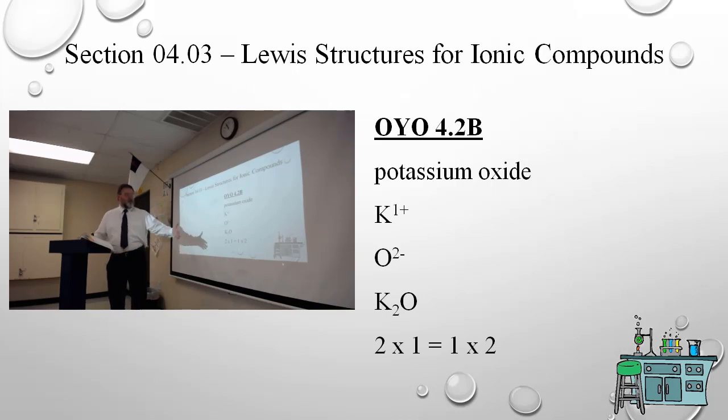We don't have to go dipotassium oxide, because it's the only way potassium and oxygen combine to form a molecule. It's the only way they can do it ionically and have a net neutral. And if I had K4O2, I would actually have 2 molecules of potassium oxide. It would be K2O1. All right? Any questions on B?